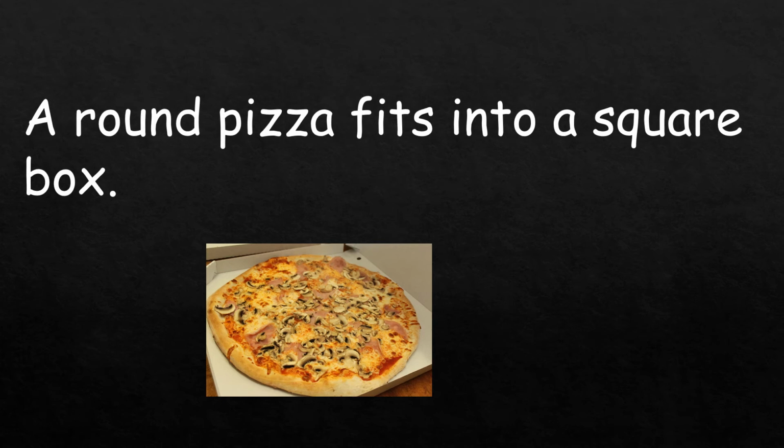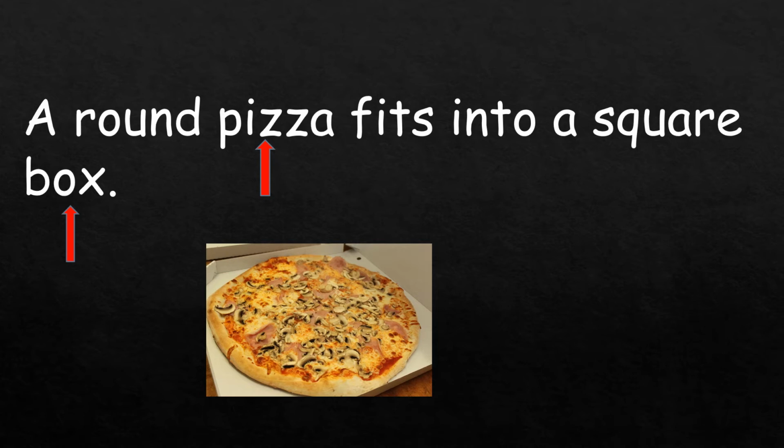A round pizza fits into a square box. So first of all, let us identify the nouns. So we have pizza and we have box. Now the word square may be considered a noun because if I were to ask you what part of speech is square, you will say it is the name of something, it is the name of a shape.